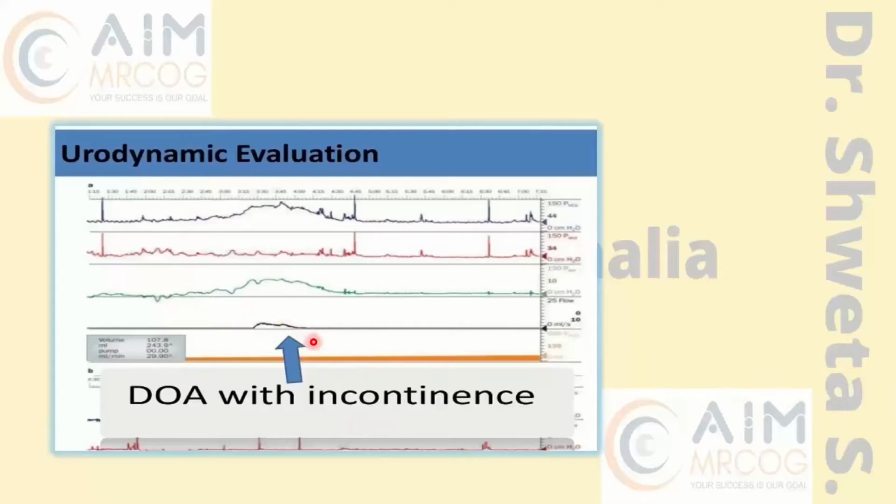So the small leak below, in ml per second, you have to notice. It is very important. The graph is very minute, and any minute change is significant. So here abdominal is not changing, only detrusor and vesical are changing with a leak, so it becomes detrusor overactivity with incontinence. Am I clear about this?